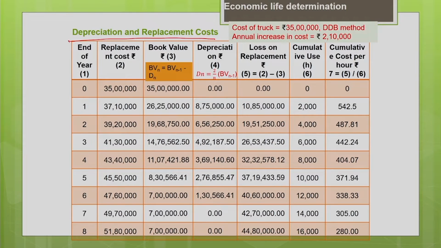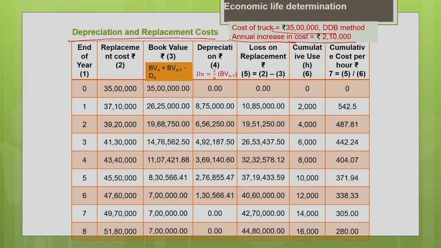As I told you, due to inflation, there is an increase in the cost of the machine every year. It is given as input data in the problem that the initial cost of the truck is 35 lakh, and the annual increase in the cost, you can see that it is 2,10,000 every year.